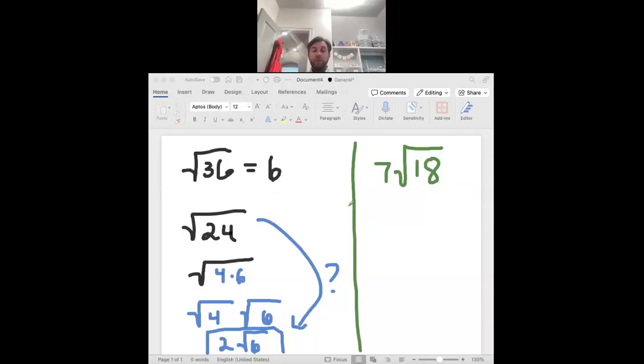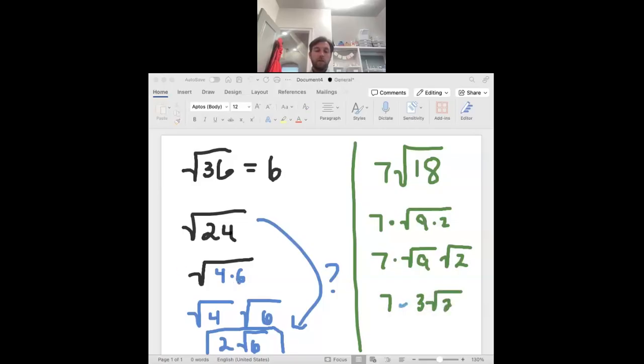Okay, let me take it from here. We have to remember that between the 7 and the radical is a multiplication. The 18, we're looking for perfect square factors, and so that's 9 times 2. Give the 9 and the 2 their own square root, and then simplify the square root of 9 down to a 3 and bring down the square root of 2.